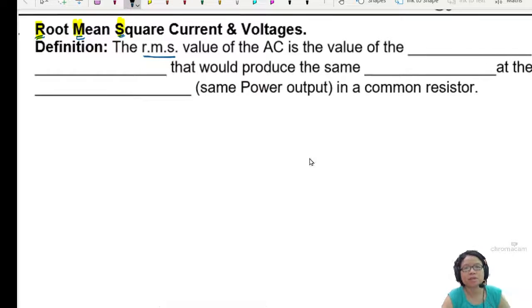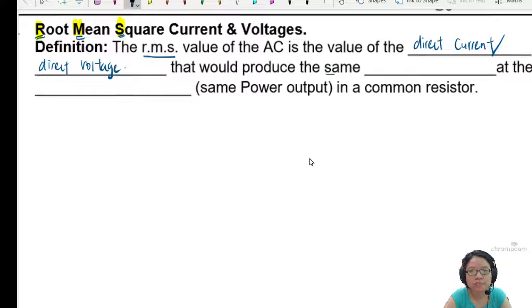All right, so the RMS value of alternating current is the value of the direct current, and we're going to borrow some equations from direct current. If you don't want to use direct current, you can use direct voltage.